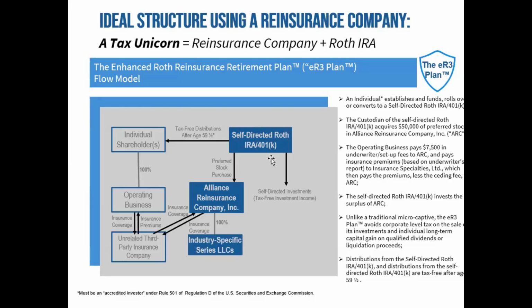So this can also act as a wealth transfer plan, meaning you can have other people own shares of this private insurance company that are not related to the business at all. If you want your children or a relative to have ownership, anyone can own that private insurance company through their Roth 401k. It does not have to mimic the original ownership structure of the business like an 831B does.